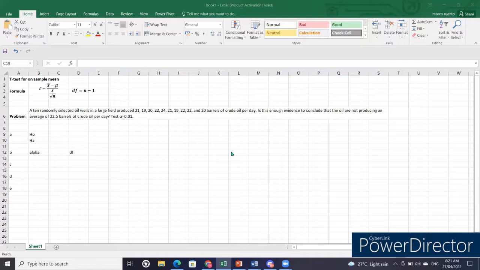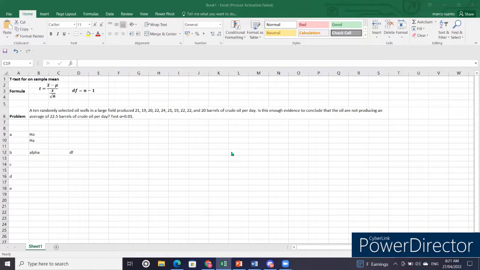In this problem, we are going to use a t-test for one sample mean, since there is no given population standard deviation or population variance.